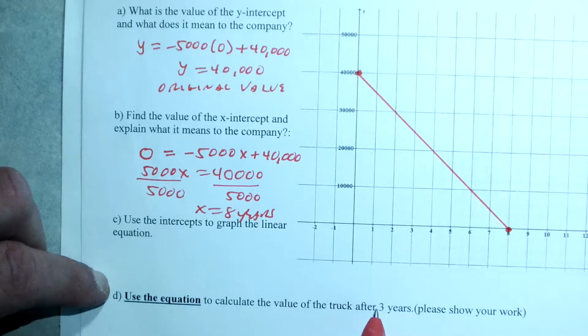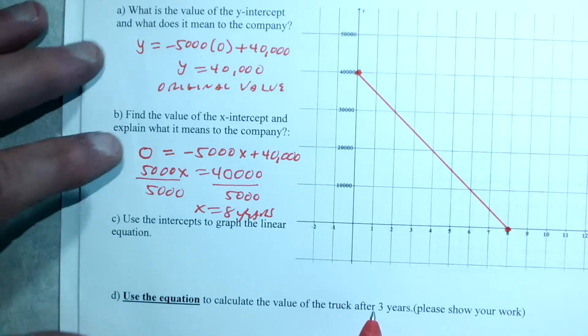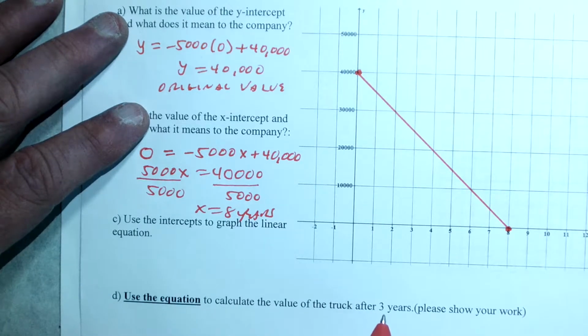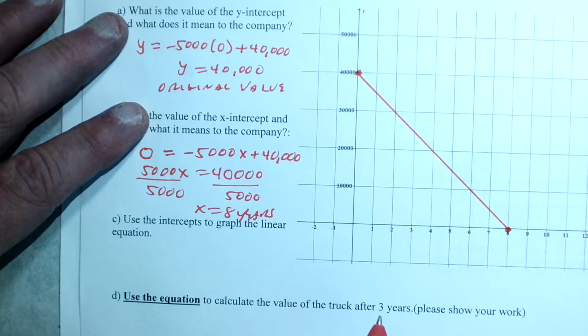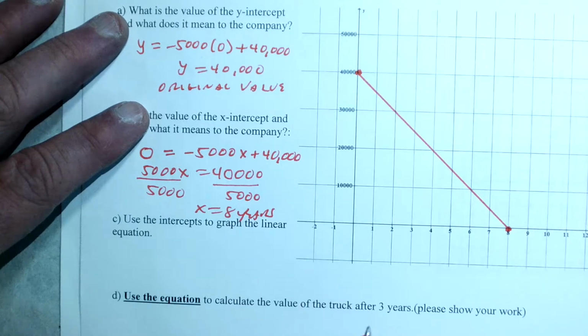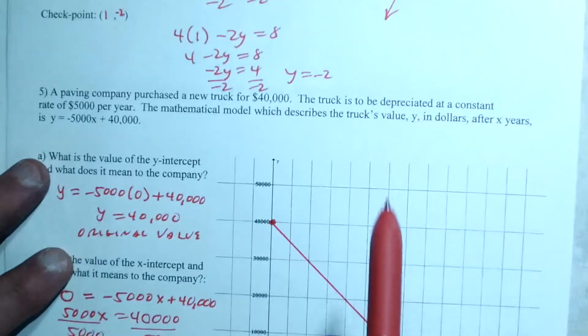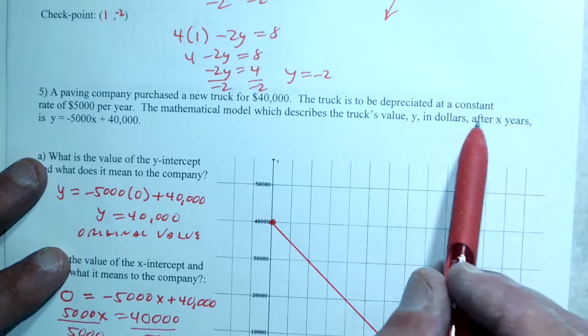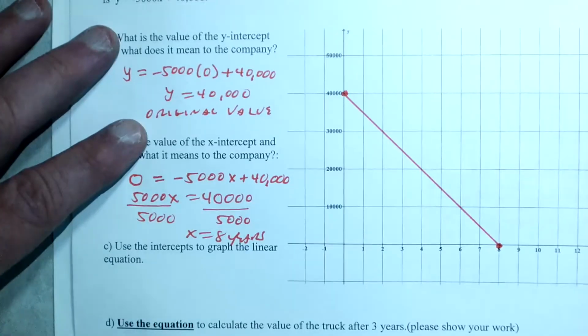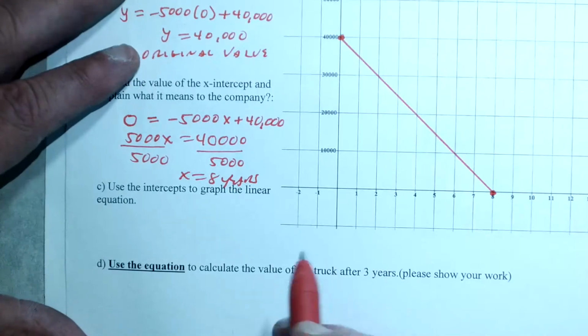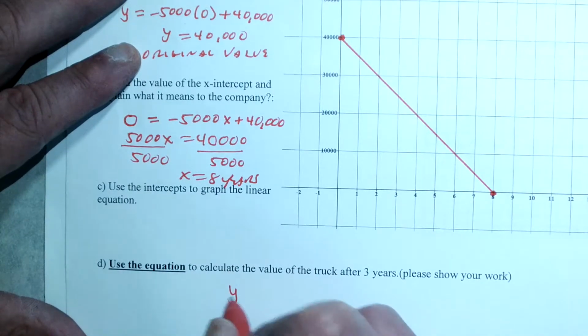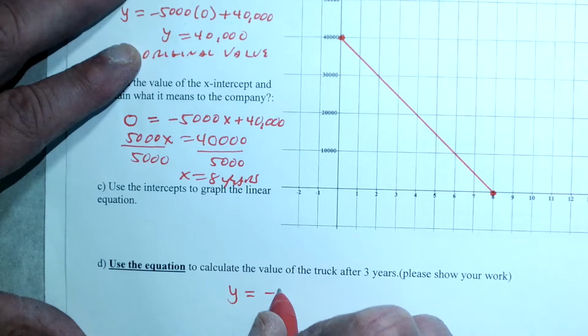So remember, we tried to really understand the variables, that the x variable is really the number of years that we've owned the truck. Remember up here it said that after x years of ownership. So what I think we should do is put 3 into x in our equation, and we're going to solve for the value after 3 years, and it's going to look like this.